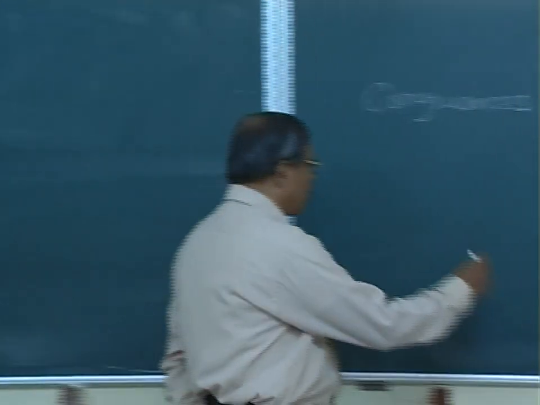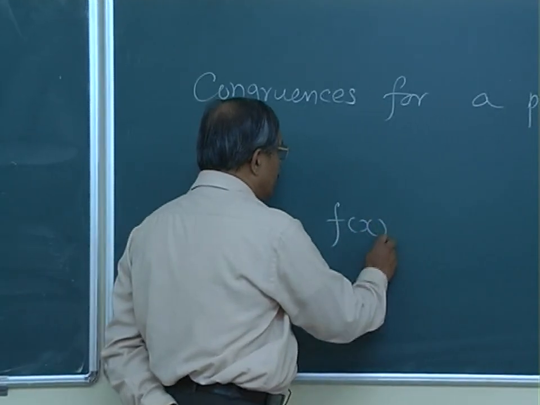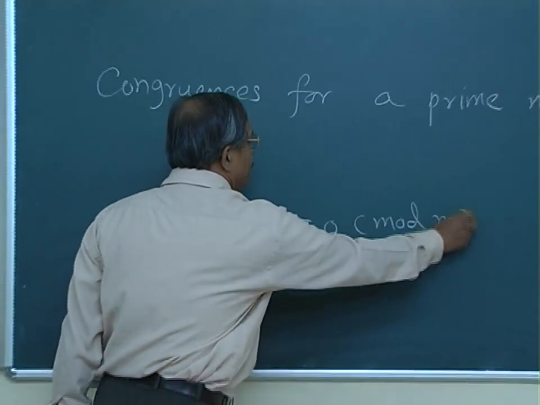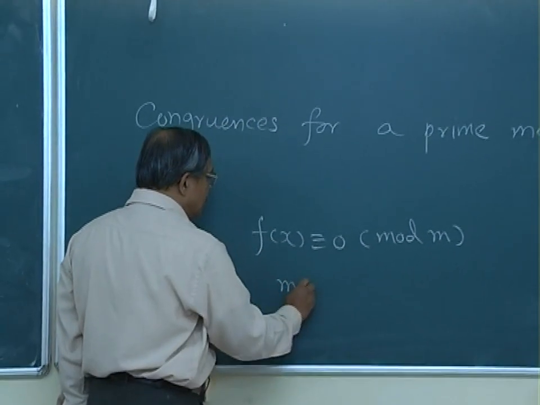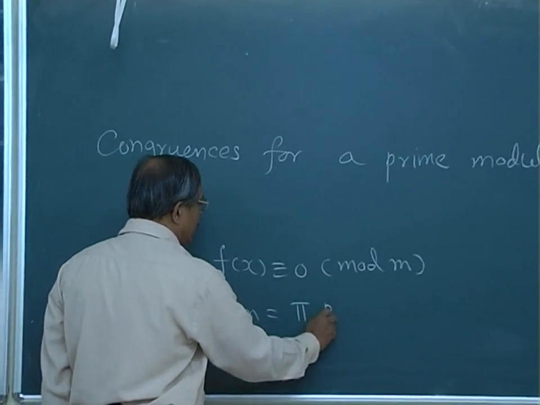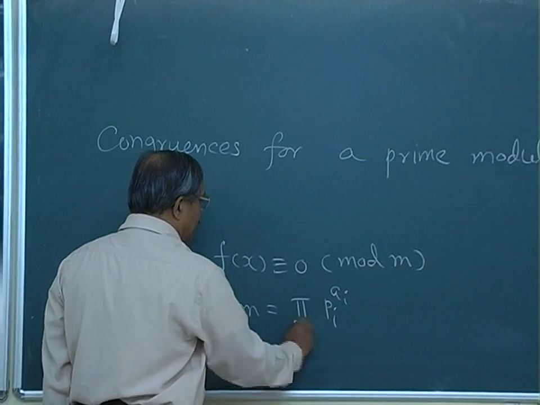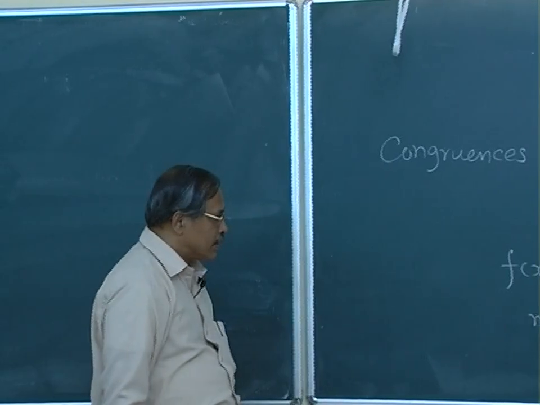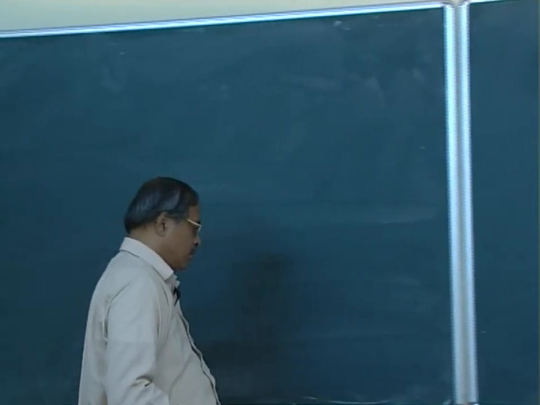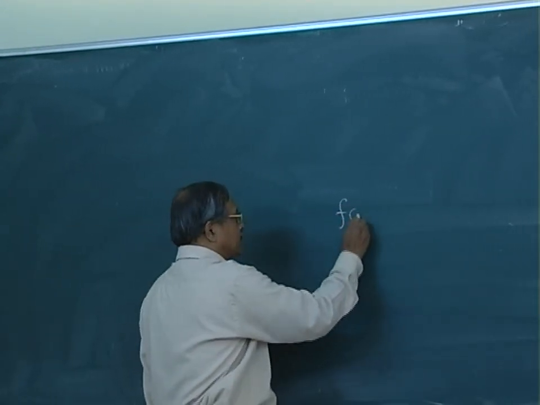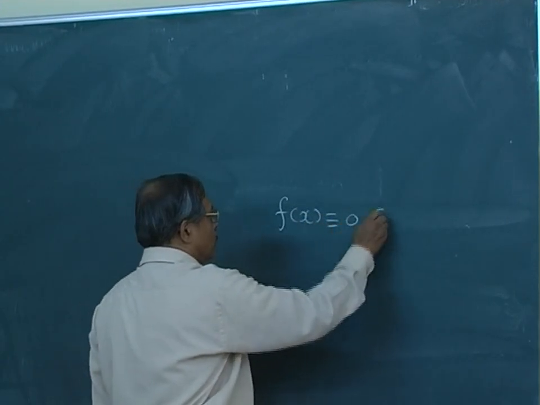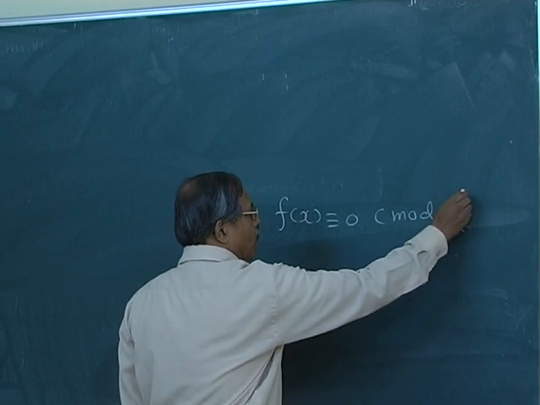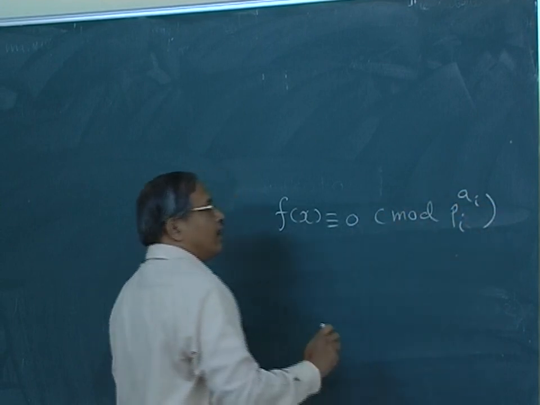So if I want to consider f(x) congruent to 0 mod m where m is the product of p_i raised to a_i, i equal to 1 to r, then first one finds solutions of f(x) congruent to 0 mod p_i raised to a_i.